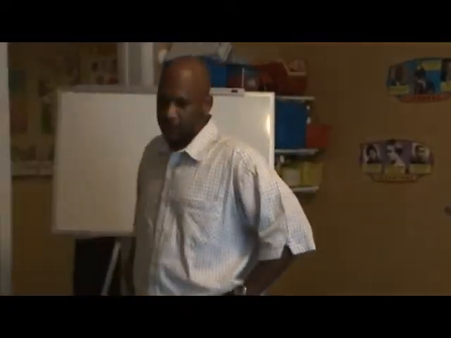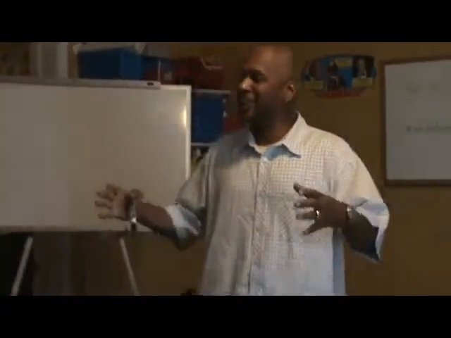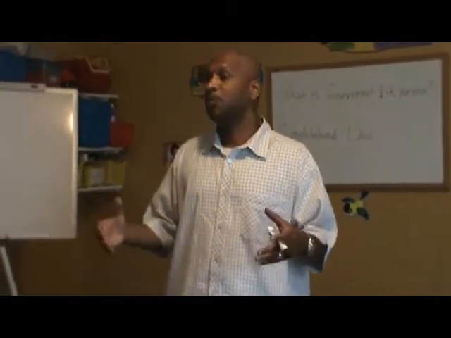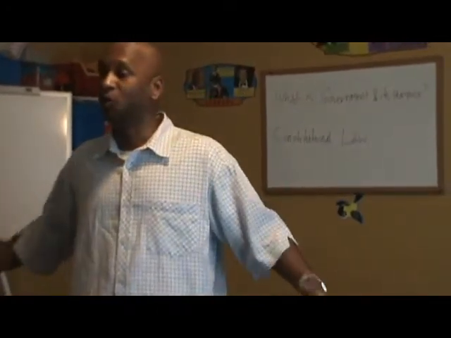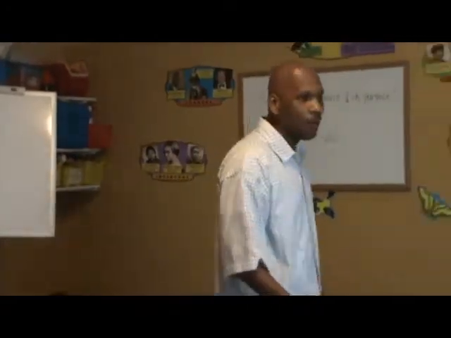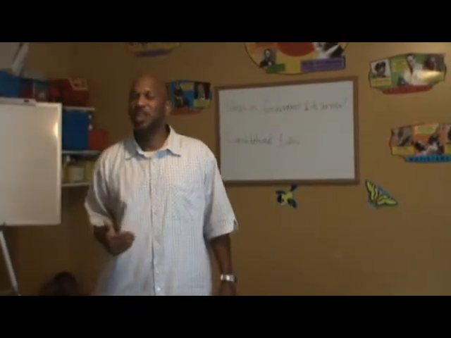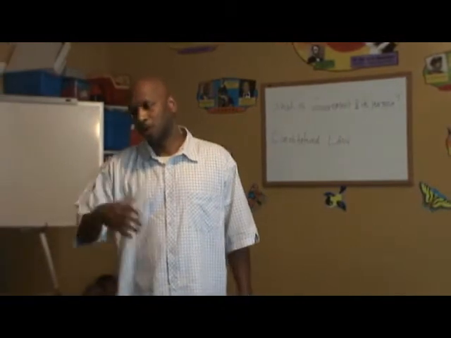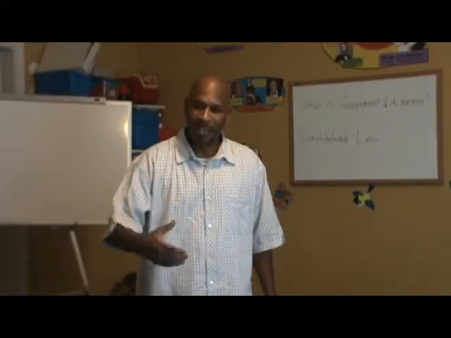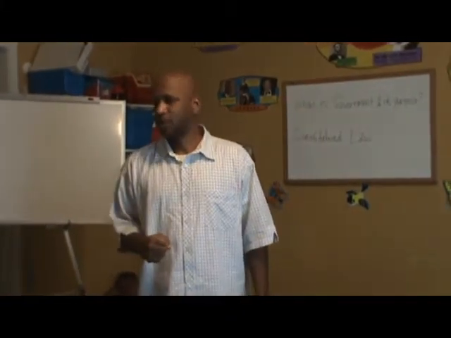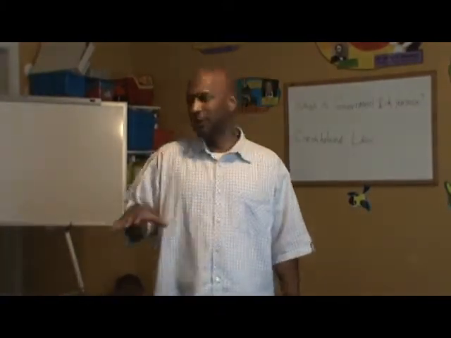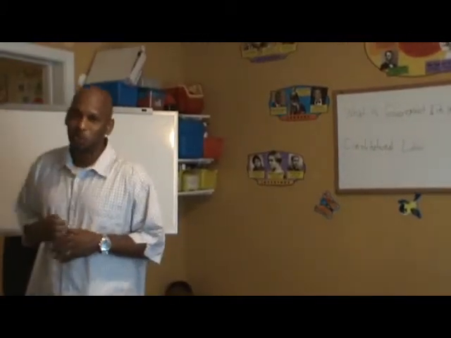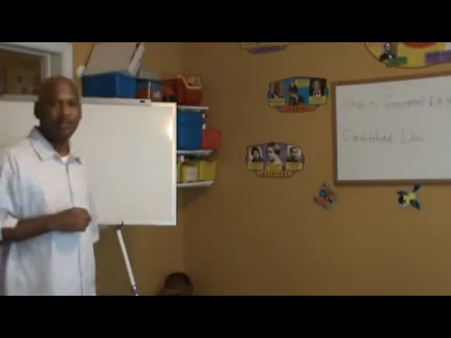Basically, let's go a little bit further into that. Government basically is a nation of people. What is a nation? A nation of people is a group of people who share the same cultural values and lifestyle, who pledge an allegiance to each other to protect one another in their culture, to live their cultural lifestyle. That's the formation of a government. So the formation of government is when a group of people come together, pledge an allegiance to one another to protect each other to live their cultural lifestyle.